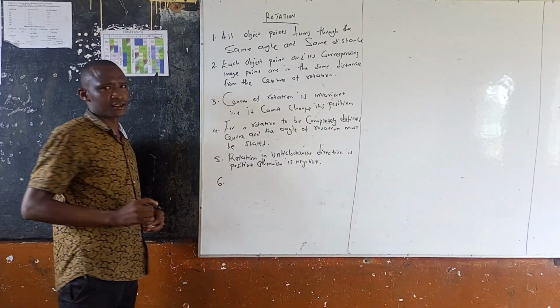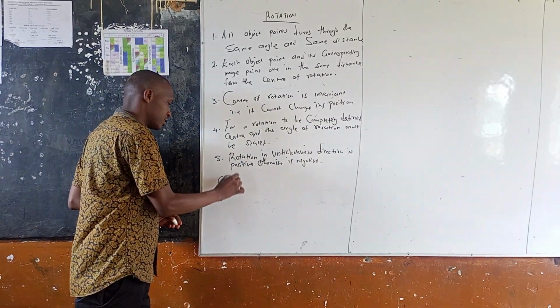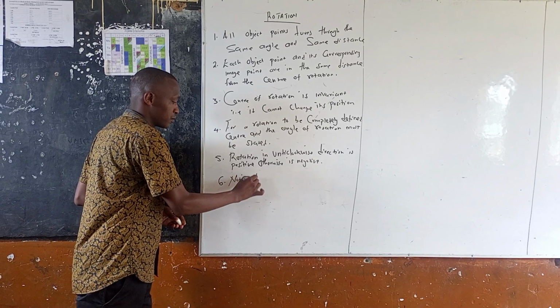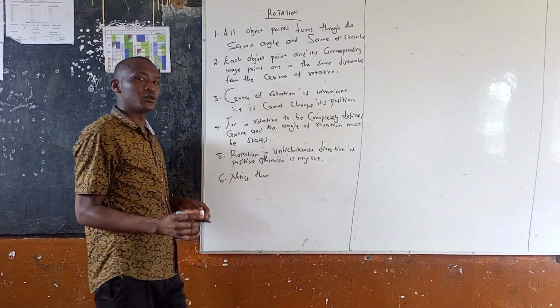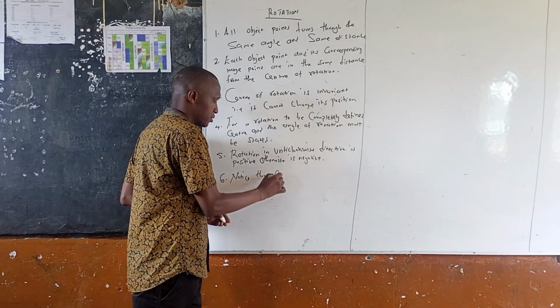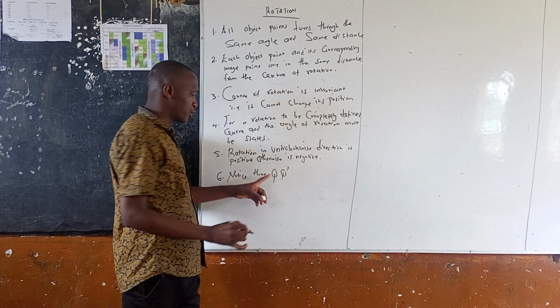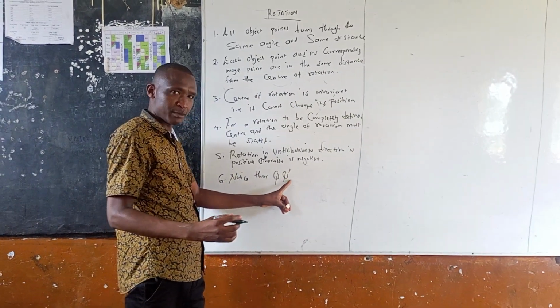Also, you need to know this: Q is the object and Q image.